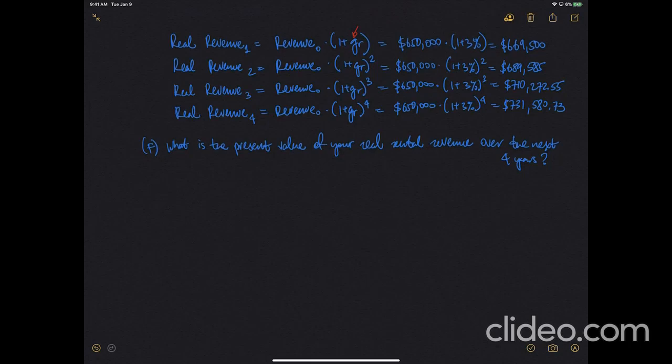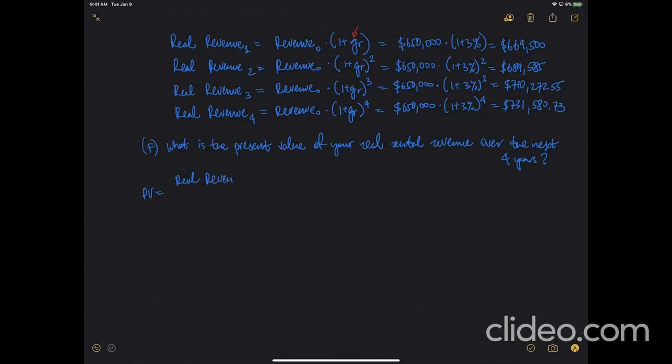Next, let us find the present value of your real rental revenue over the next 4 years. The present value would equal the real revenue that we receive in each of the 4 years discounted to present at the real discount rate.